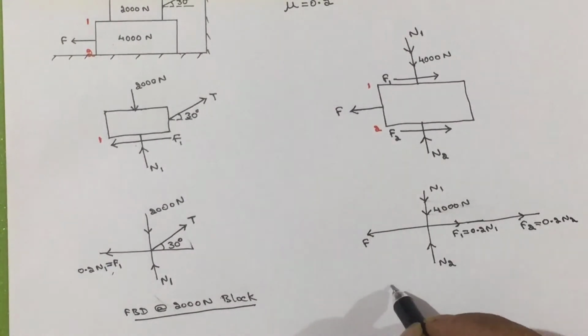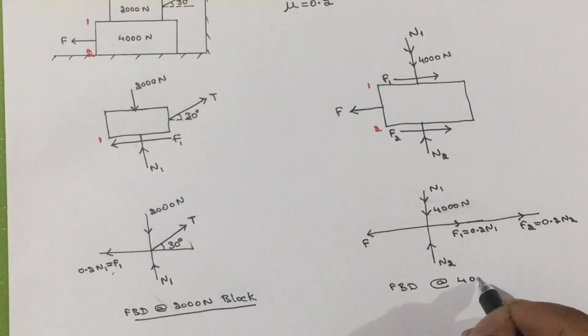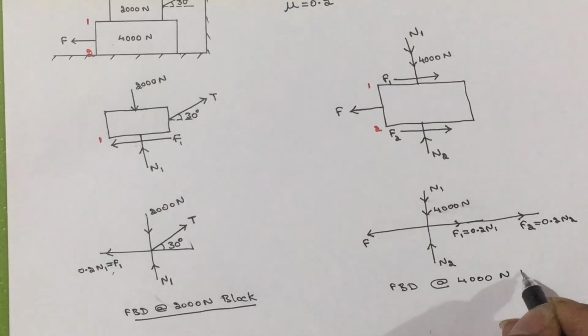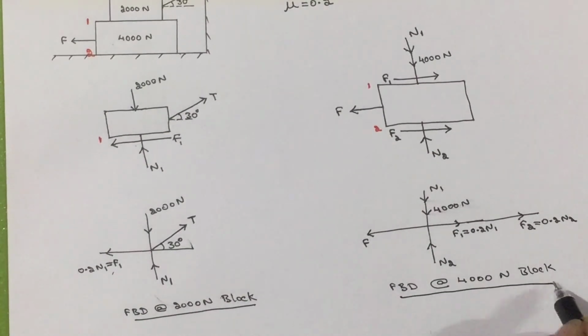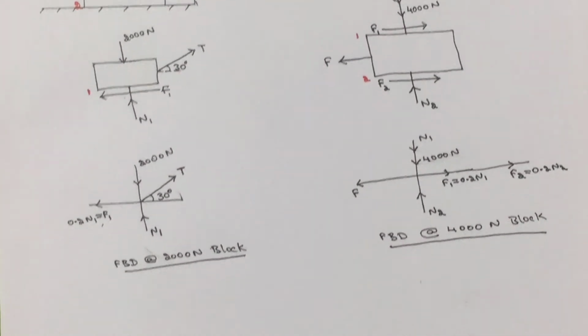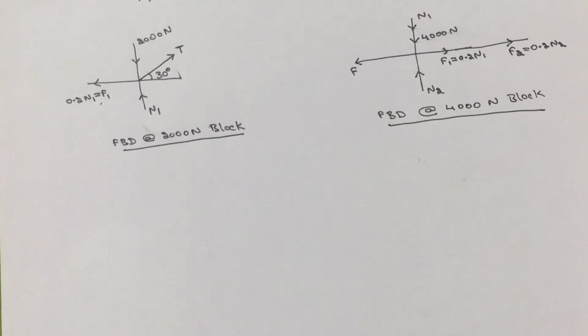This is the free body diagram at 4000 Newton block. Once the free body diagram is written, it is same as the previous problems, that is concurrent force system problems. You have already learnt how to solve these problems. So just to solve it.